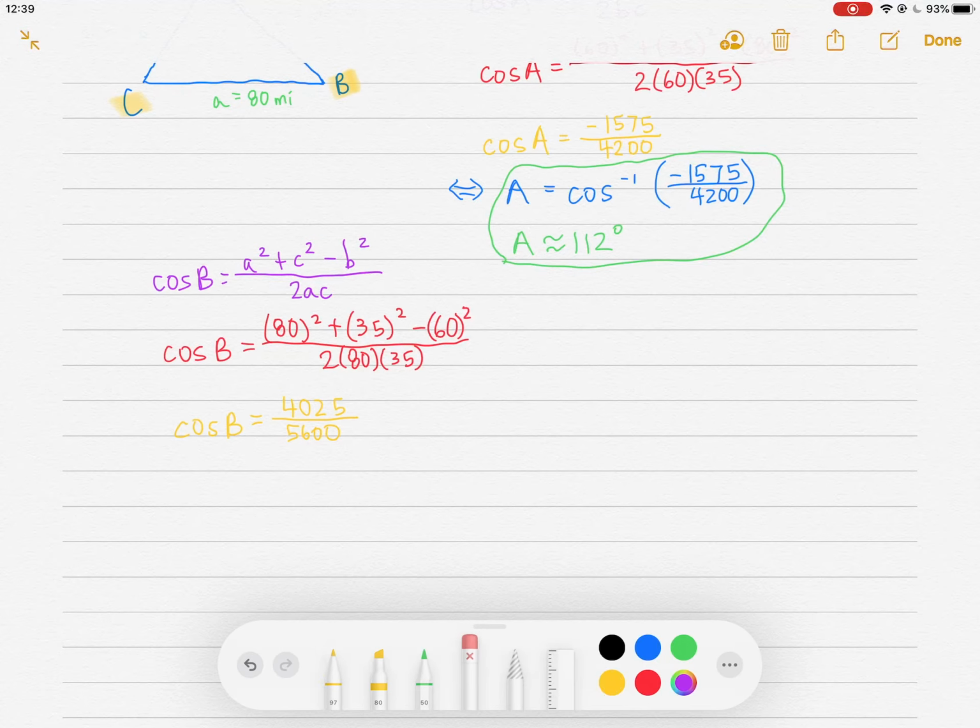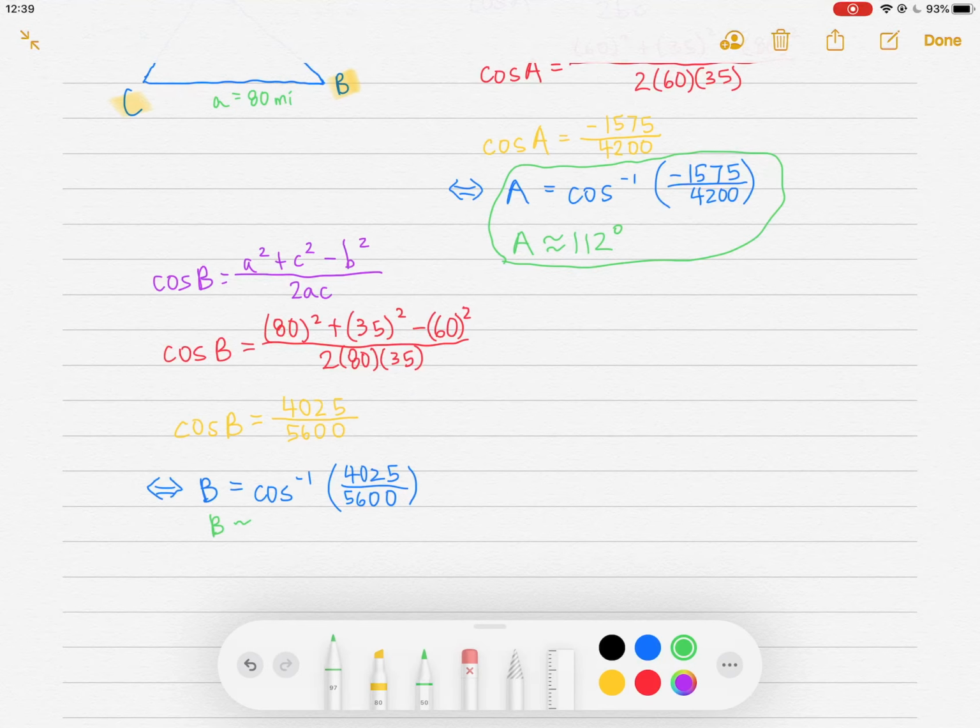I don't need you to reduce them before you cosine inverse them. So this is true if and only if B is equal to cosine inverse of 4025 divided by 5,600. And then we put that in our calculator.